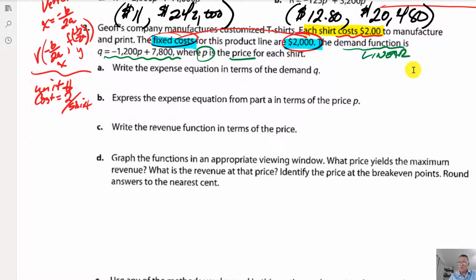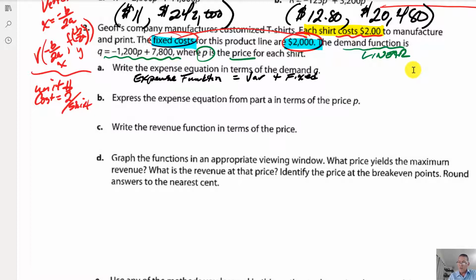So the expense function in general is equal to your variable expenses plus your fixed costs. So variable plus fixed. And this comes from a couple lessons previous. Well, the variable expenses comes from the unit cost.